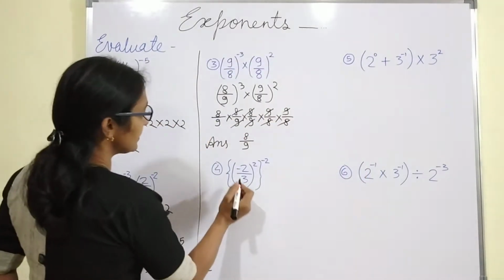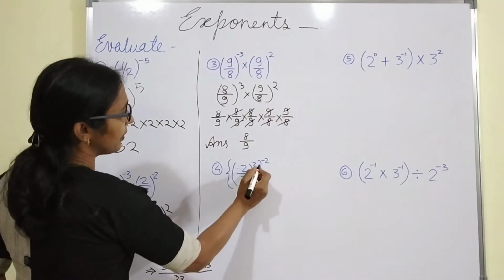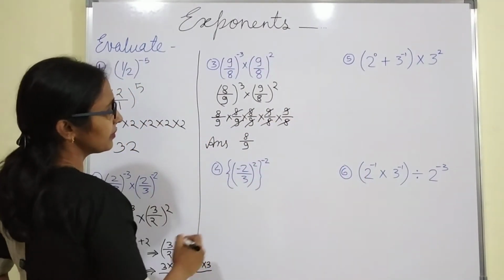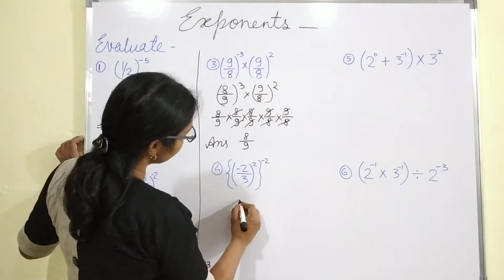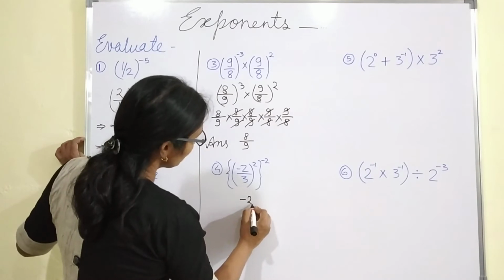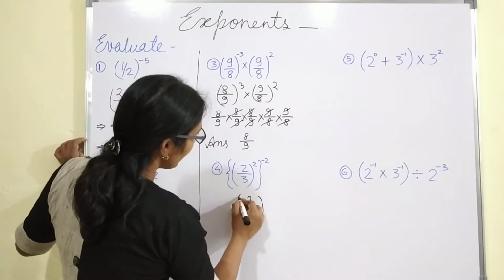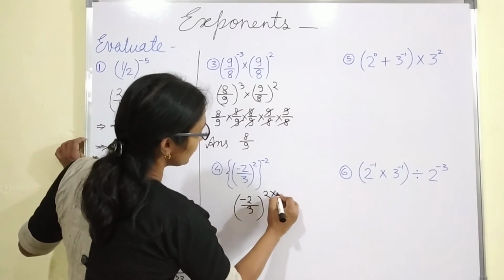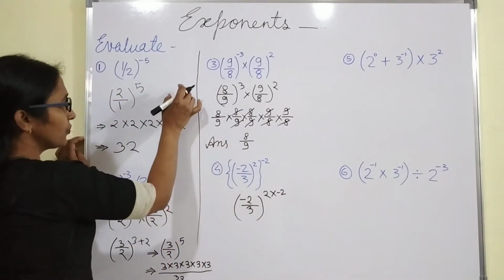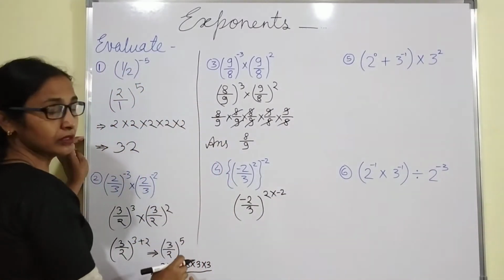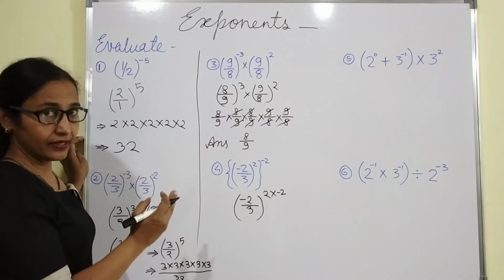Now next is ((minus 2 upon 3) power 2) whole power minus 2. So it will become (minus 2 upon 3) power 2 into minus 2. Don't forget to write the laws on the right side.